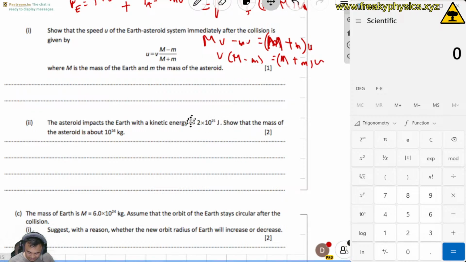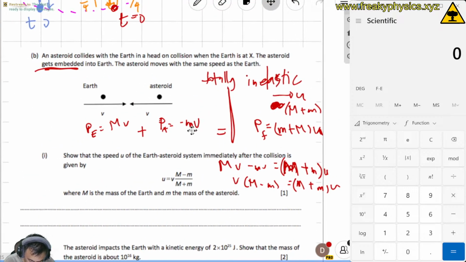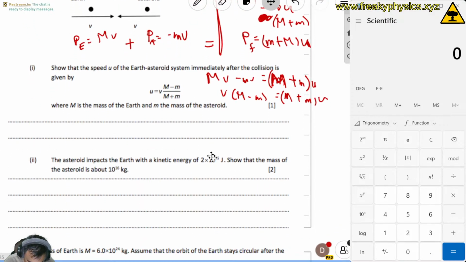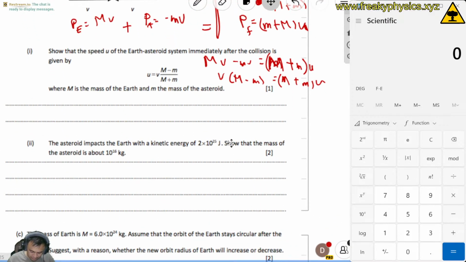All right, so let's take a look here now. It's got this kinetic energy of 2.5 times 10 to the 25 joules. That's a large amount of energy. It doesn't tell us though what the actual speed is, right? Now, the reason for that is because we actually don't need the speed equation. This is in the data booklet.